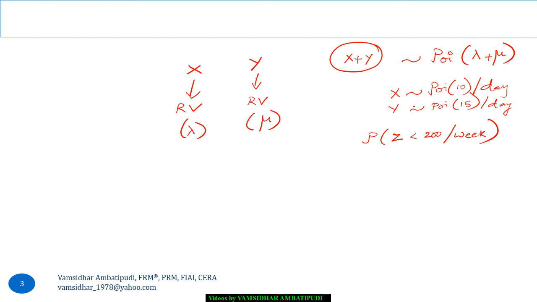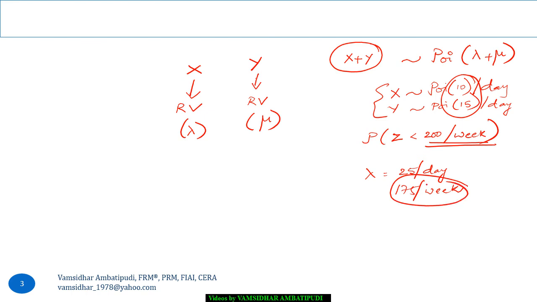What is the probability that the number of phone calls per week is less than 200? Again the same logic. Per day it is 25, so per week my new lambda is 25 per day, or 175 per week.